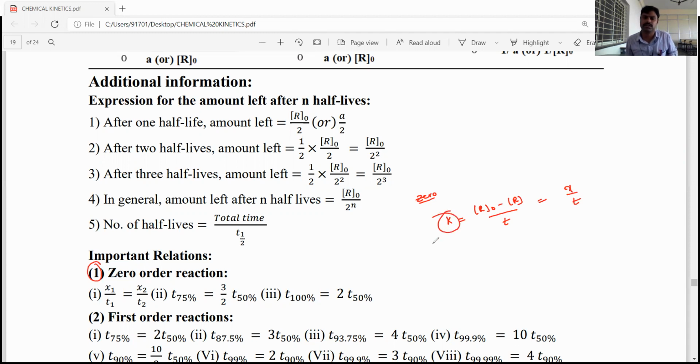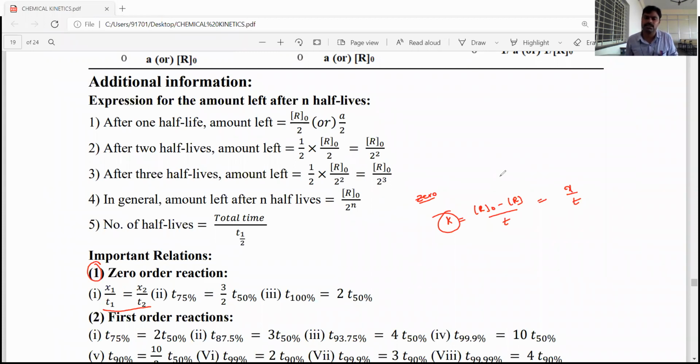The K is the rate constant for zero order reaction. Since K is constant, X1 by T1 is equal to X2 by T2. We'll get one relation, dear students. So X is nothing but the amount of reactant left.